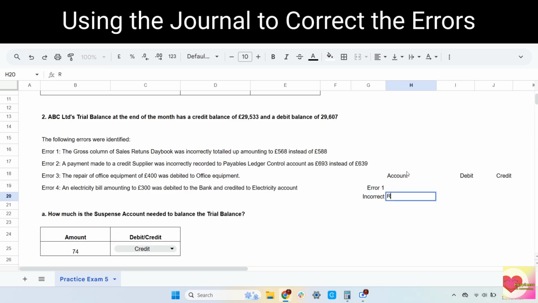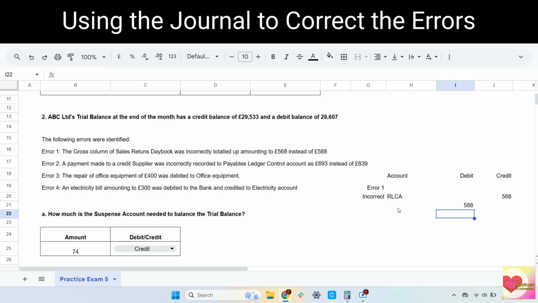Then let's put RLCA, and the incorrect amount is 568. Let's put this amount in credit because this is from the sales returns daybook. The sales returns decreases our RLCA, so it should be in credit. Then let's put 588 in debit.